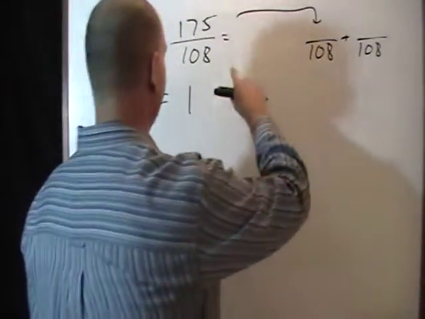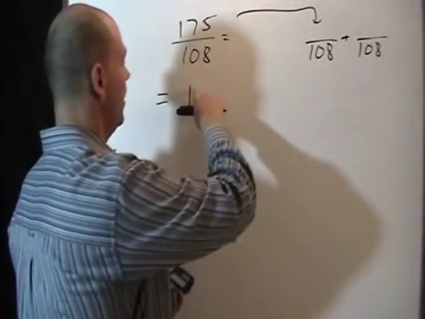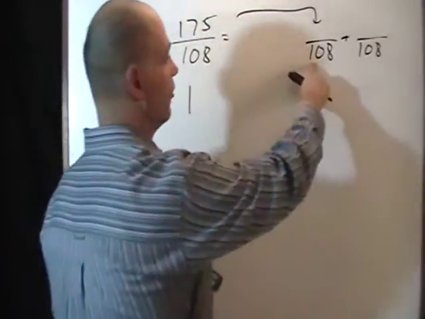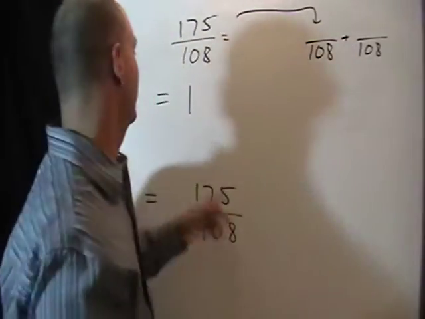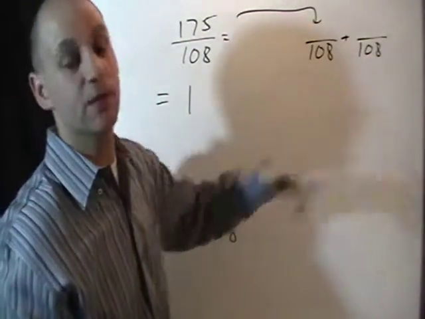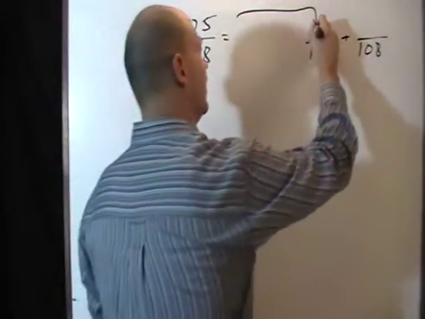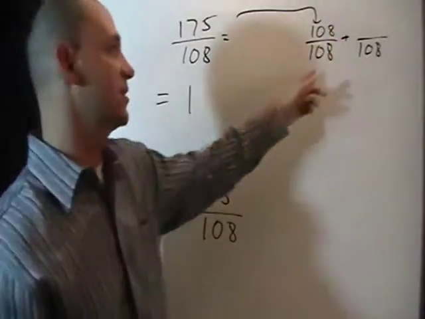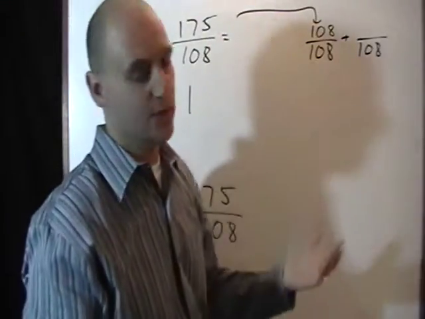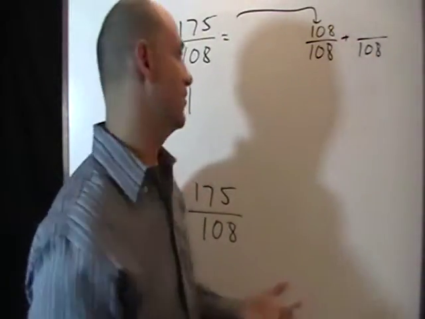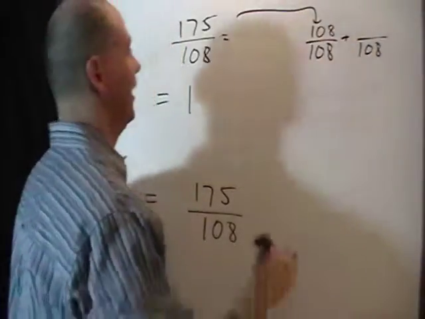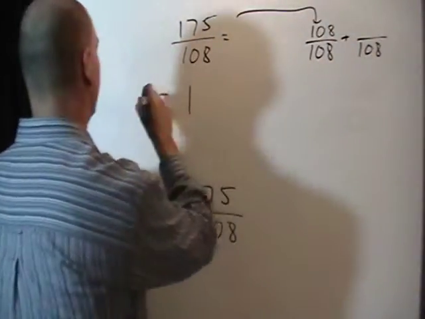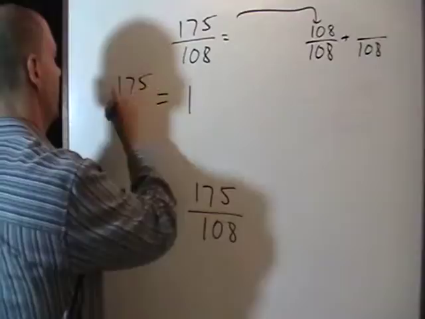Now, we want to convert 1 into a fraction of 108. The way to do that is simply take 1 multiplied by 108, you get 108. And so that means that 1 is the exact same thing as 108 divided by 108, just like any other number divided by itself is equal to 1. But we know that we need 175 divided by 108.